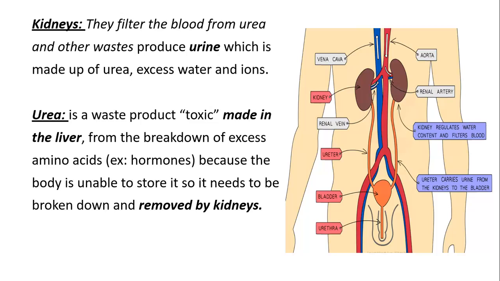Urea actually is made in the liver, because it is the product of the breaking down of amino acids. So after the breaking down of amino acids, now we make a very toxic compound that is urea. Now it will be carried from the liver to the kidneys by the blood to be excreted in the form of urine.